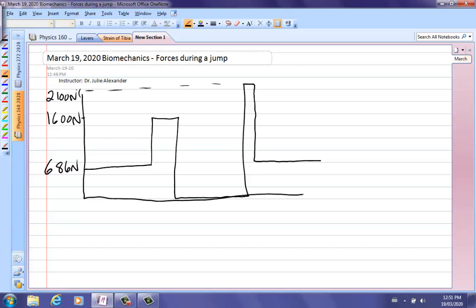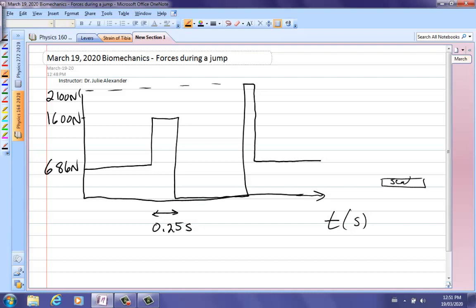Okay, so what this graph shows, this is time on this axis in seconds, and it tells you that the duration of this force occurs over a time of 0.25 seconds. Okay, so what this means is if you're standing on a scale, there are two forces on your body.